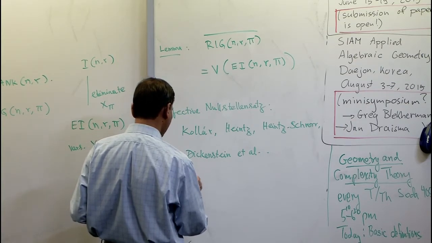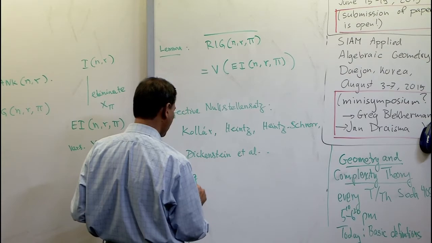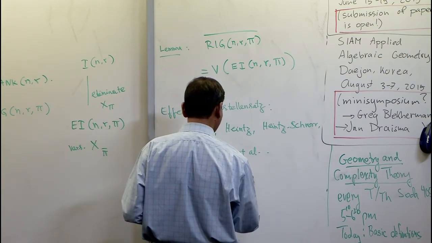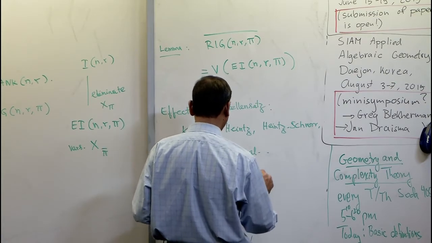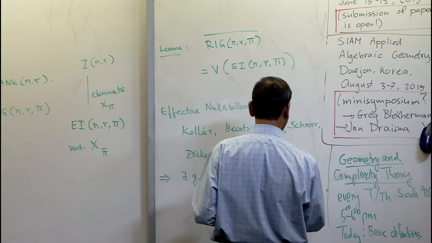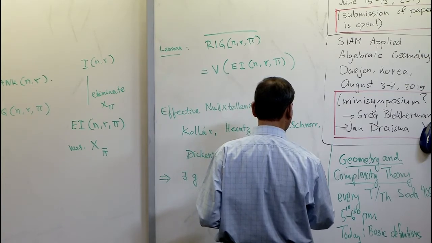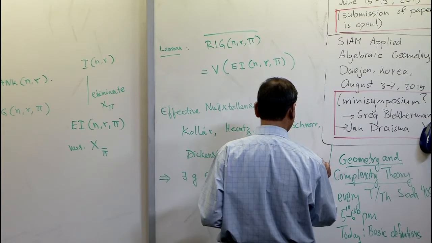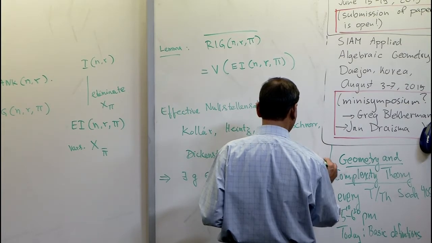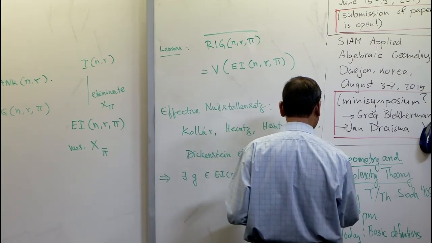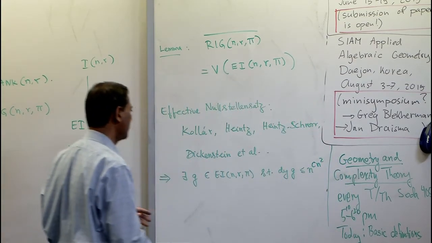All it implies is that there exists a polynomial g in the elimination ideal whose degree is at most very bad, n to the 2n squared or 4n squared. So let me put a constant, some small constant c.